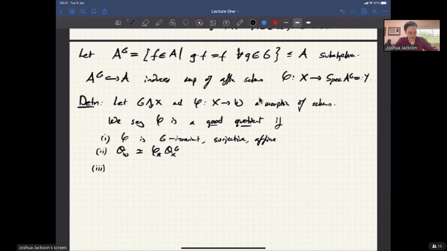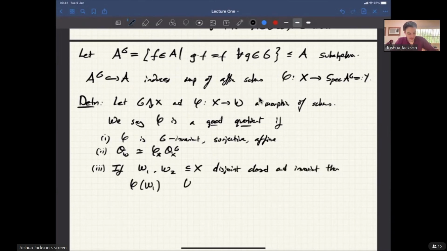So I'm going to have some definition which is going to say I've only done the minimal amount of gluing, and that's just what this is going to say. So this is: if W1, W2 inside X are disjoint, closed, and invariant, then their images are disjoint and closed.